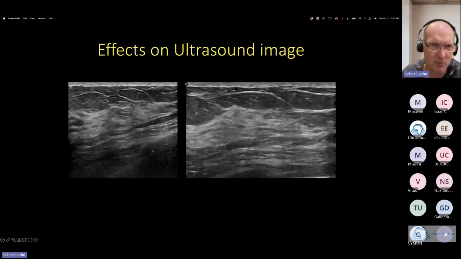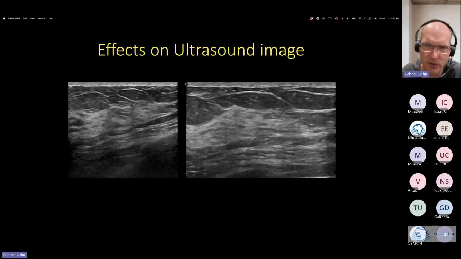And so maybe about 15 to 20% of the picture is of the lung. Yet in the left corner, you can see that you're missing some breast tissue. The breast tissue is actually deeper. So you're not imaging the entire breast tissue where you're looking. You might be missing something.